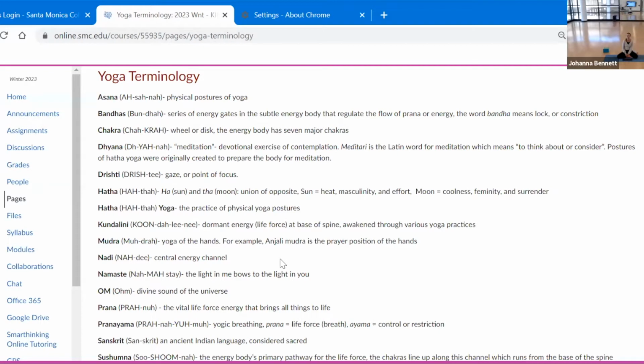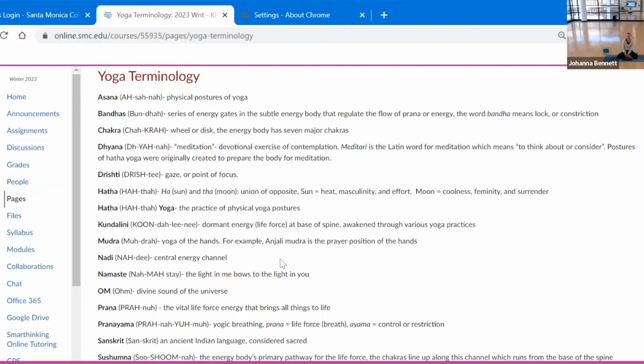There are also chakras along the spine, 7 of them in classical yogic anatomy. And the word dhyana is the word for meditation. We will focus on dhyana towards the end of our session together.